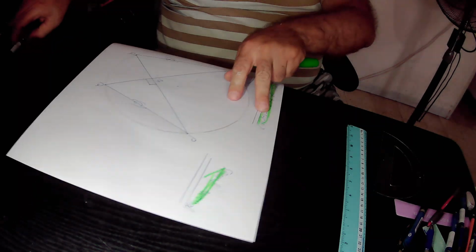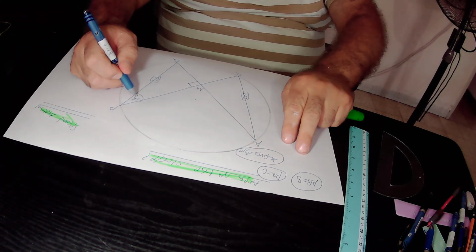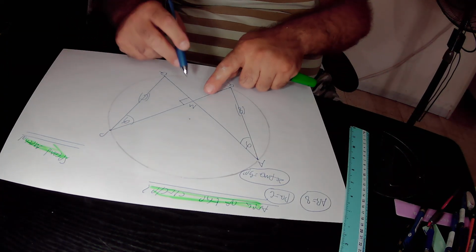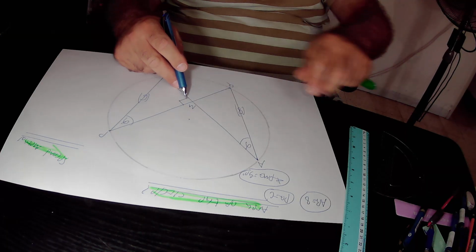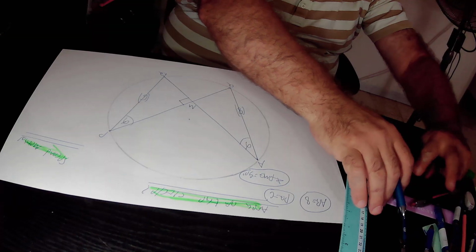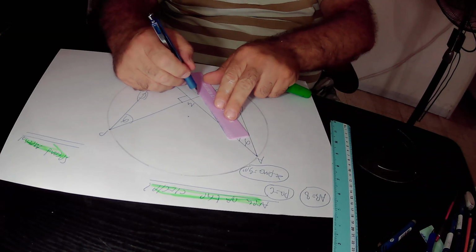So I'll not repeat the same explanation. Those are vertex angles that are equal to each other. This angle is 90 degrees, and therefore this angle must also be equal to 90 degrees on its side.